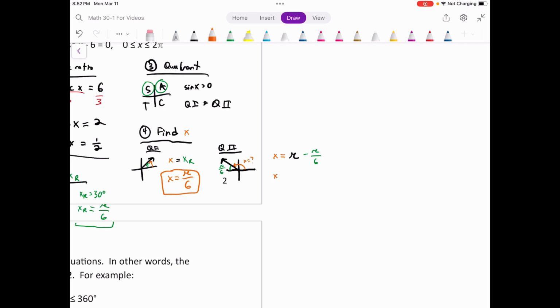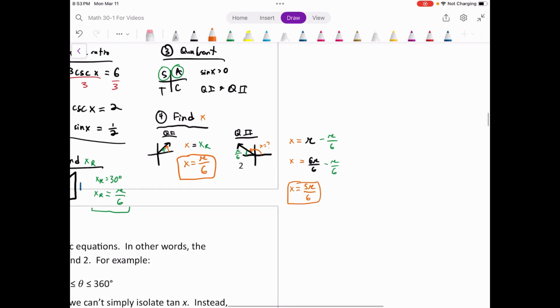So that means our x is, again, get a common denominator if you like, pi multiplied by 6 over 6 to express it as a fraction over 6. 6 pi over 6 minus 1 pi over 6 gives us that. The other solution is x equals 5/6 of pi, right? So those are our two solutions. x equals pi over 6 and x equals 5 pi over 6.